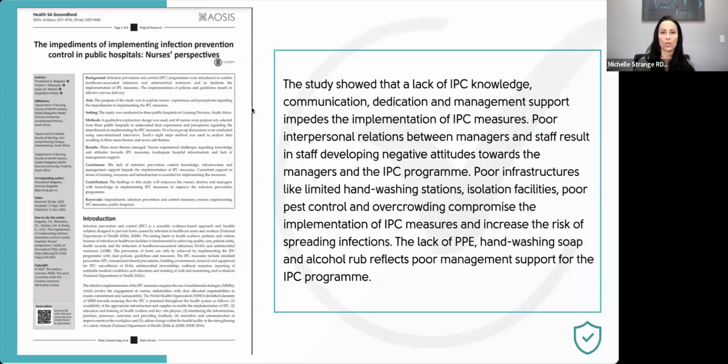Strong leadership ensures that everyone on the team is equipped with the knowledge they need, and creates an environment where people feel comfortable asking questions and seeking clarification if they need it. Leadership is also driving the culture of communication. If we're not communicating clearly, it becomes impossible to keep everyone aligned with infection control practices.